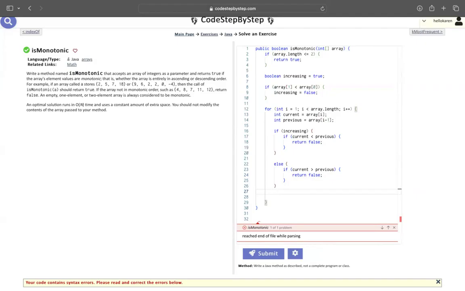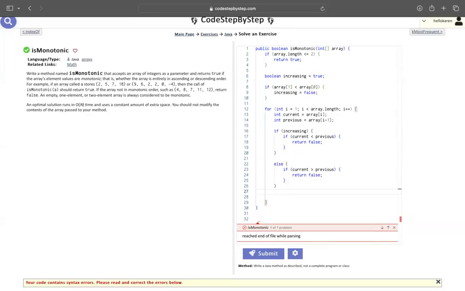So if we make it through the entire for loop, that means we make it through the entire array, and we never trigger the return false. That means we follow our pattern the whole way through. And so what should you do at the very, very end? Return true.